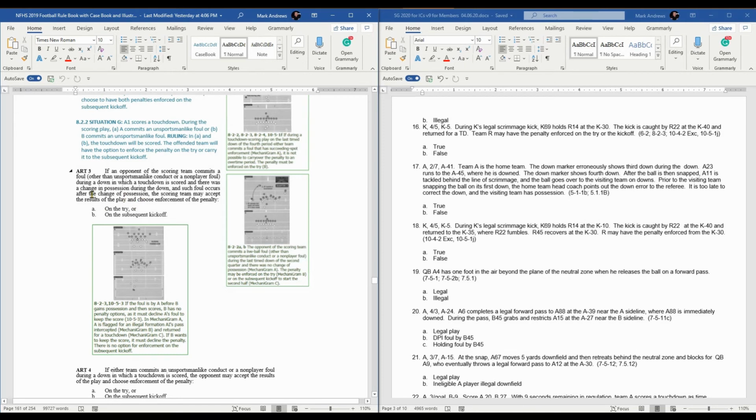So, note the foul would have had to have occurred after the change of possession, and according to this description, it happened during the kick.